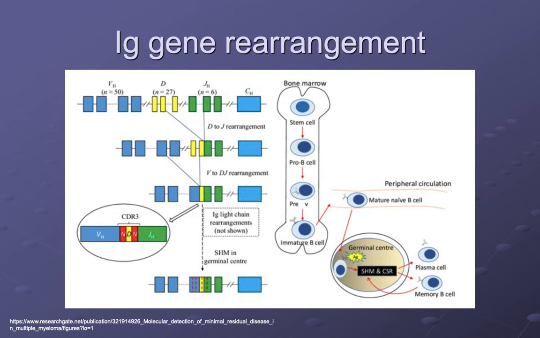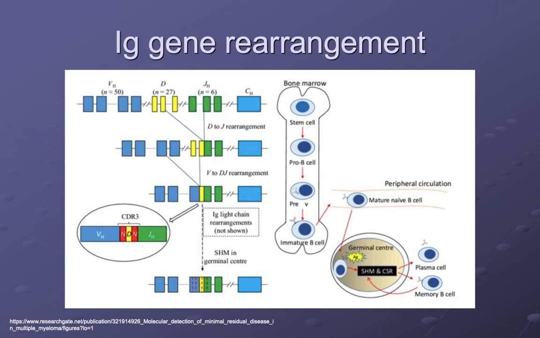Successful rearrangement of both the Ig gene for the heavy chain and the Ig gene for the light chain will now contribute to the surface expression of the intact immunoglobulin that will, of course, be mounted on the surface.